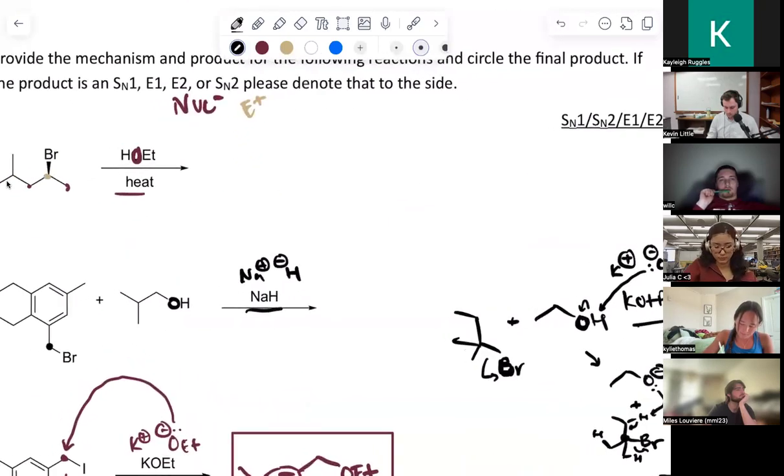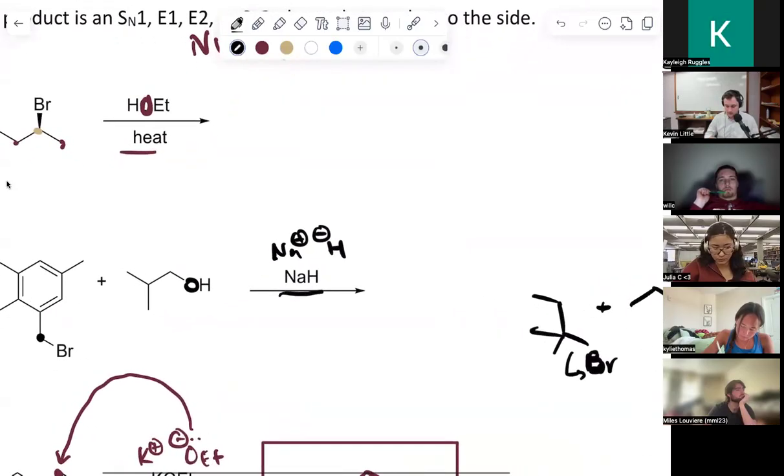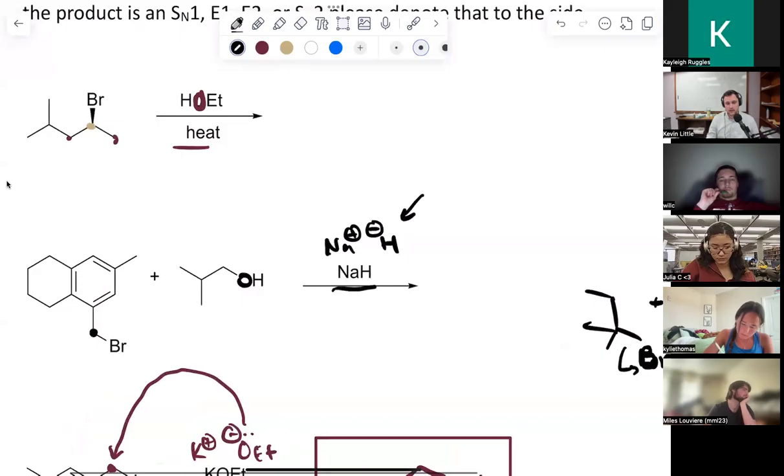Yes. This thing can act as my base. Can I do an elimination on this alkyl halide? Not currently, right? Why?